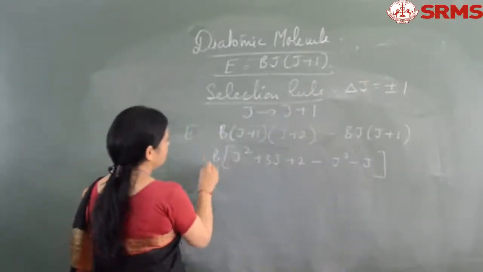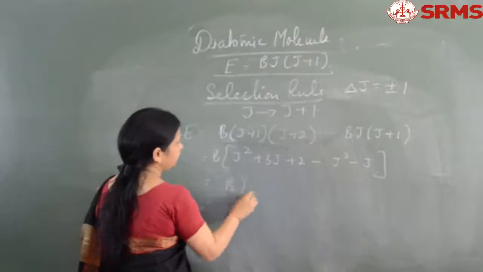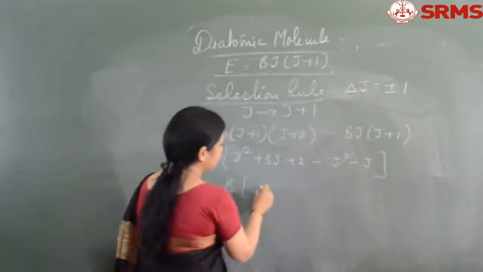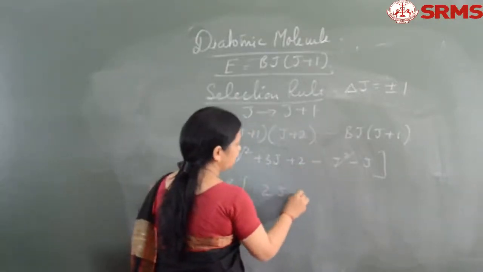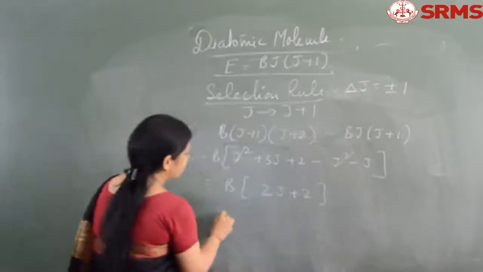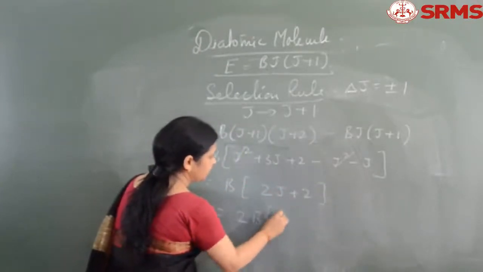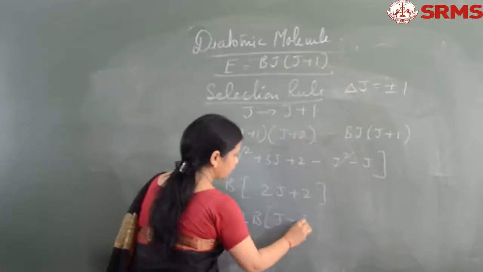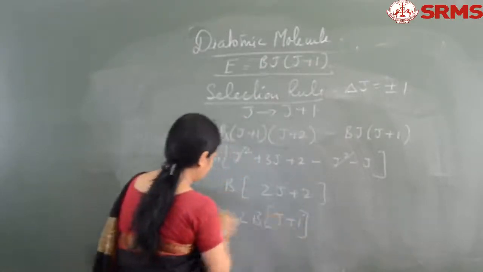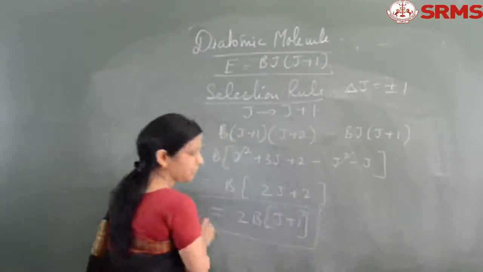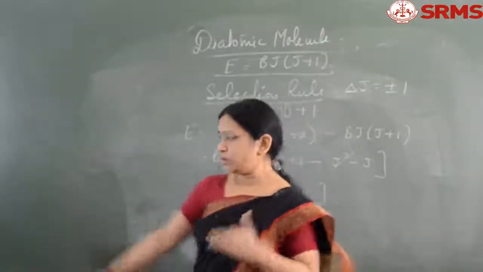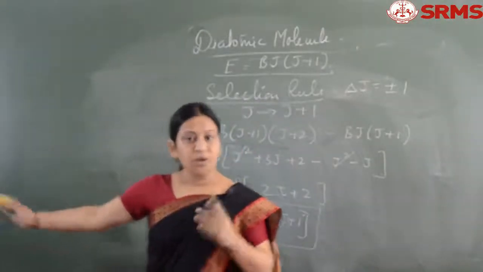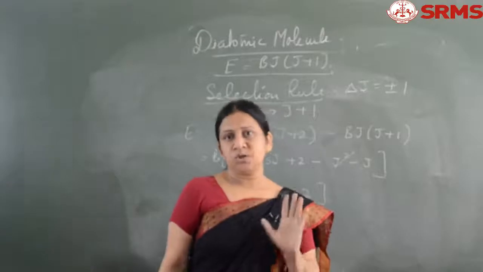So it is equal to B, J gets canceled, 2B, 2J plus 2. So this can be written as 2B(J+1). This is the final equation, 2B(J+1). We are going to use this equation time and again whenever we consider rotational energy levels.